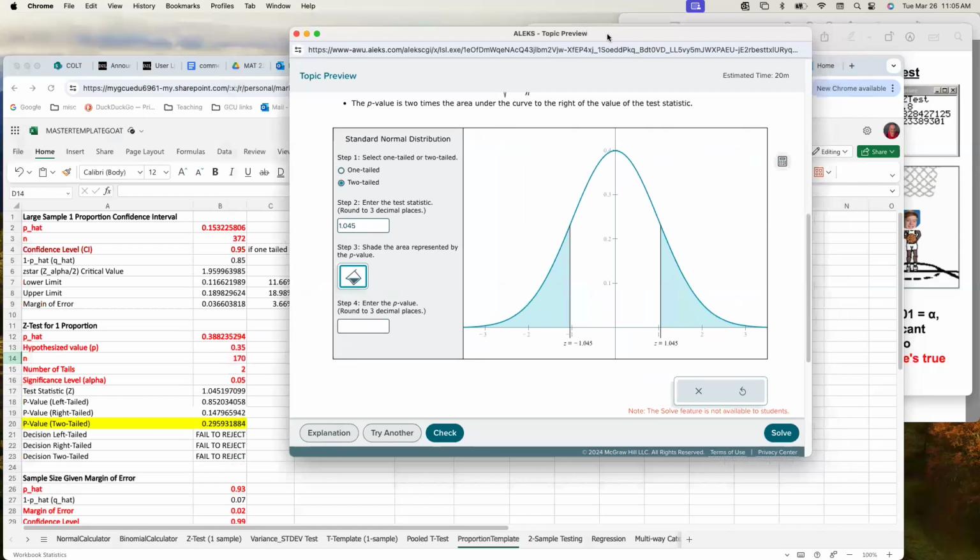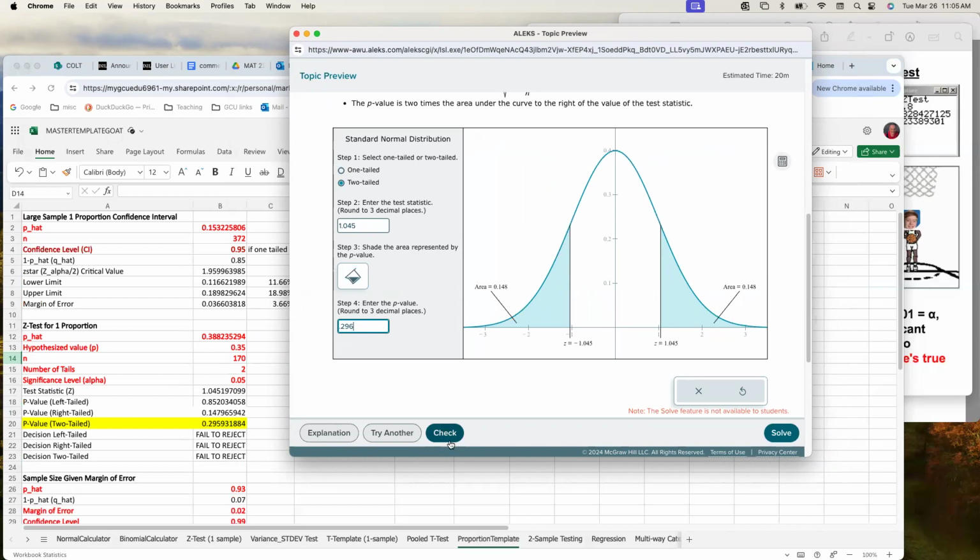Oh, there we go. Okay, so what I'm going to do is I'm going to type out the 0.295. And I think they want that to 3 decimal places, and since it's rounded to 3 decimal places, that should be a 6. Okay. All right. So there we have our p-value.